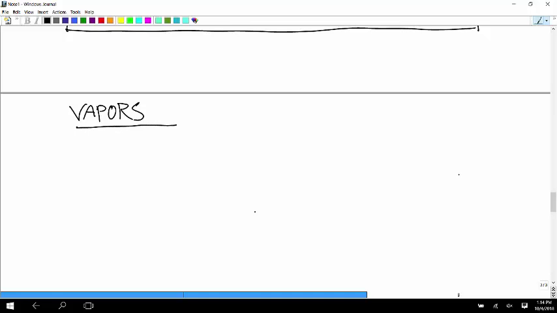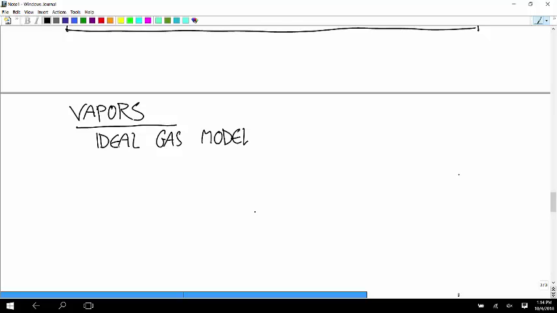With liquids, we had two different models. For vapors, there's only one, and that's the ideal gas model. By the way, vapors and gas, I sort of go back and forth between those, but there is a difference.